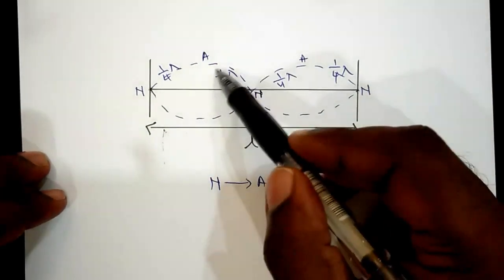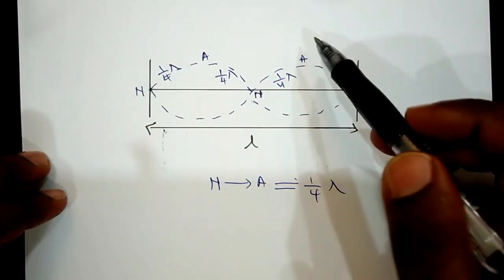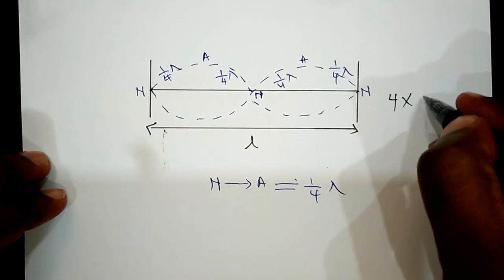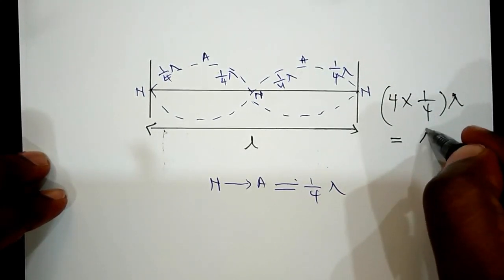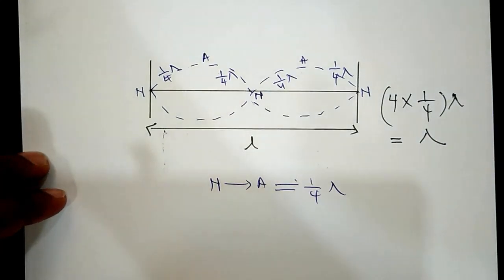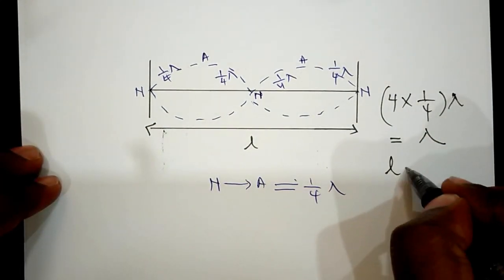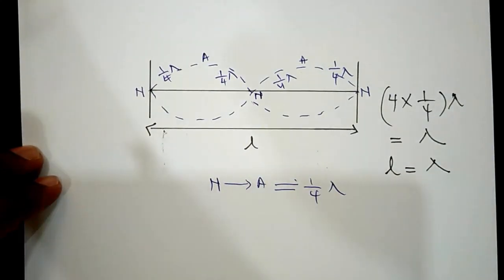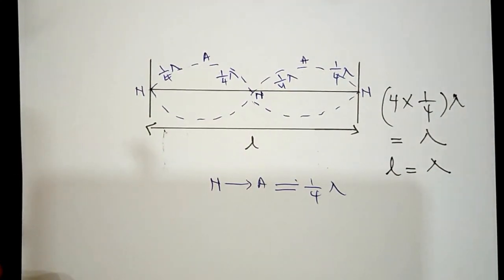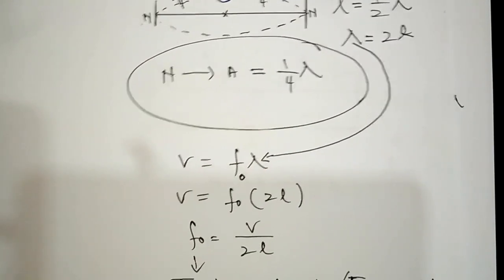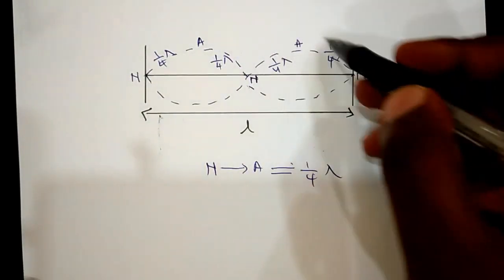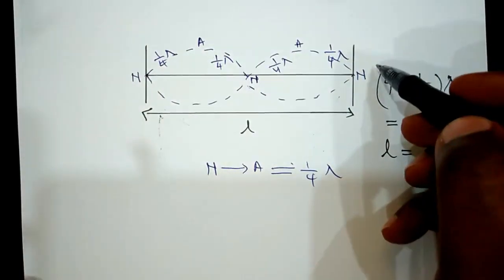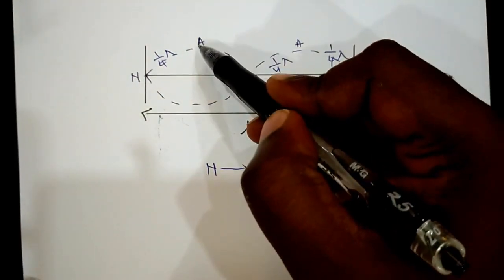So 1, 2, 3, 4, all together 4 times quarter wavelength will give you just one wavelength. So now the length equals lambda. Just now was the fundamental mode. And now is about the first overtone, or we call it formation of two antinodes.